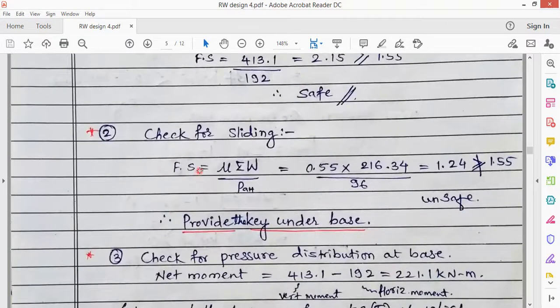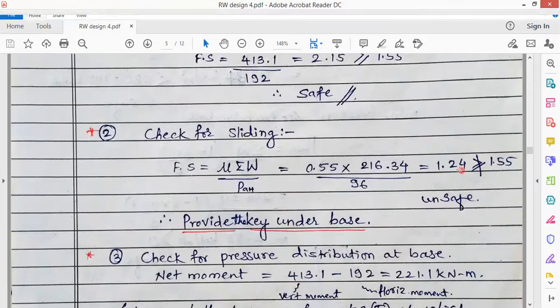So the check for sliding is: factor of safety equal to mu, the coefficient of friction between soil and the retaining wall base slab, which is 0.55 here, times the summation of all the vertical forces, 216.34, divided by the horizontal pressure force, 96 kilonewton. So this will be 1.24, which is not greater than 1.55. So I can say that this sliding check fails.